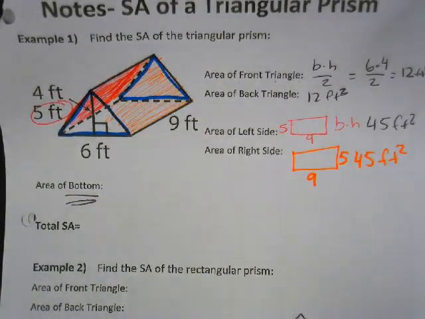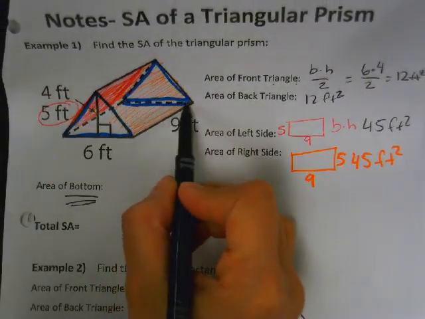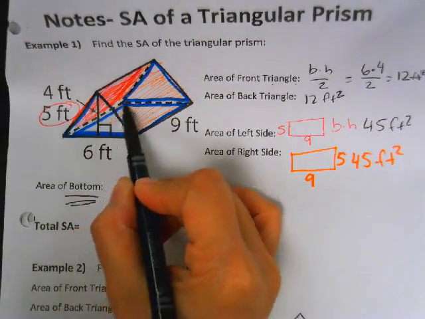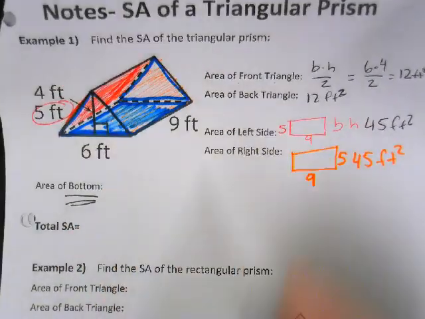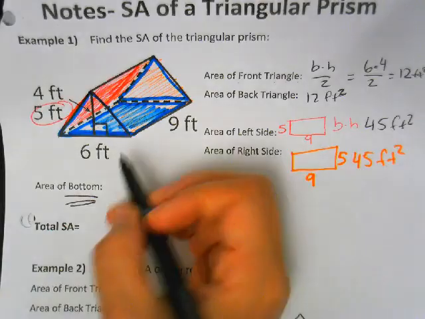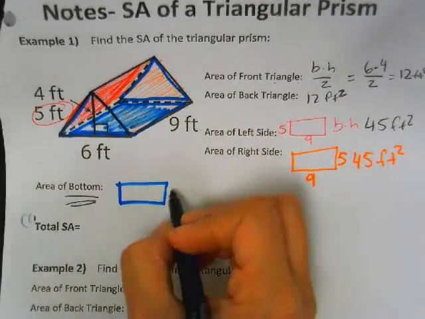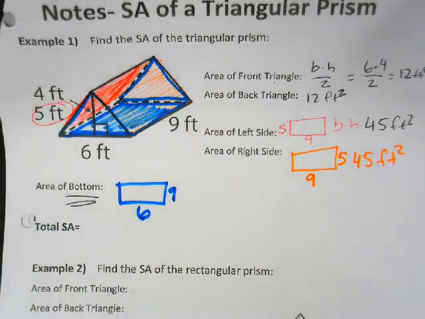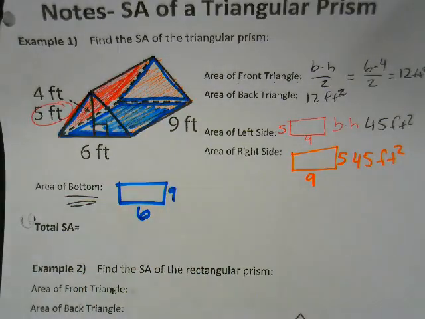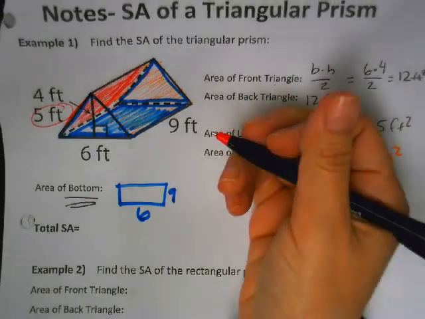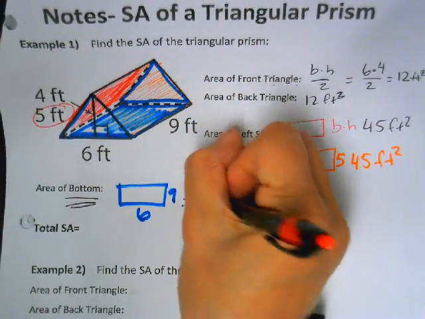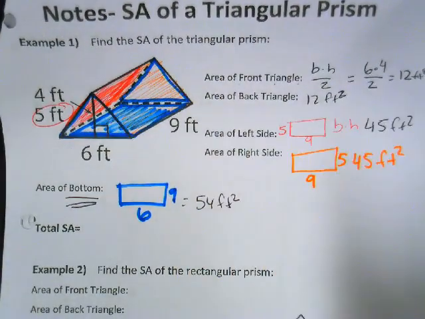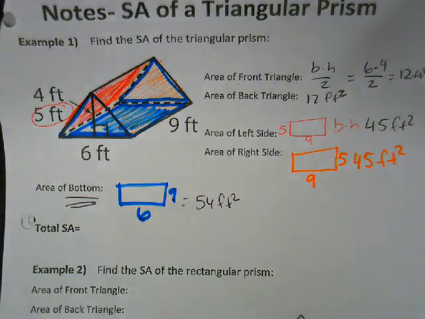The bottom is this rectangle here. What is the area of the bottom part? 9 times 6. I think I wrote that wrong. It should have been the 9 on the other side. So what's 9 times 6? 54 feet squared.